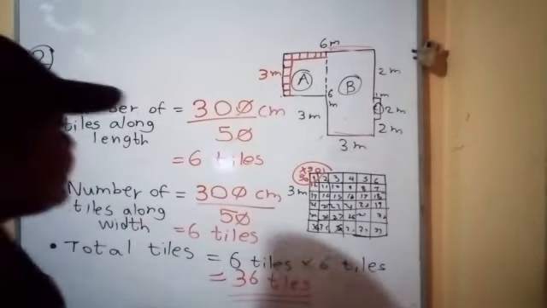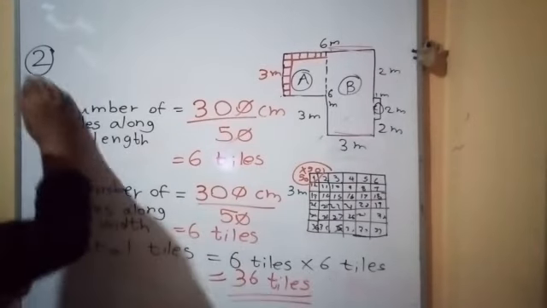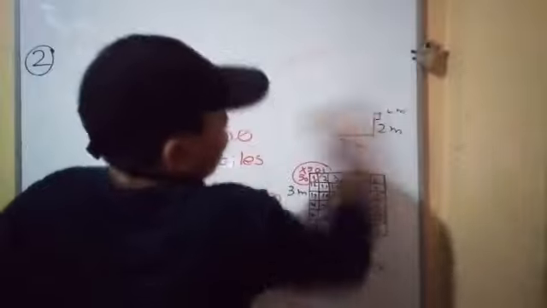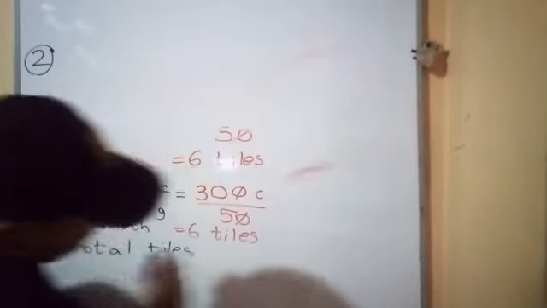Now let's move to the second question, the 7th sub question. So what is the 7th sub question? The 7th sub question is to draw a scale diagram of this floor plan using the scale 1 to 100.